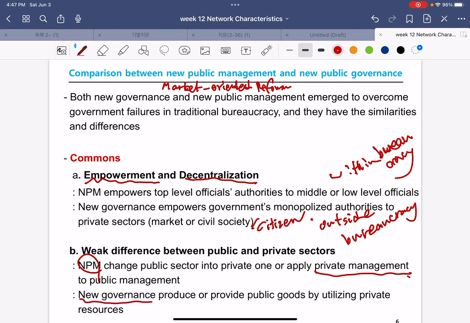The new governance does not borrow private management such as competition and performance management. It just borrows private resources, private knowledge, private passion, and private contributions to make good public services.